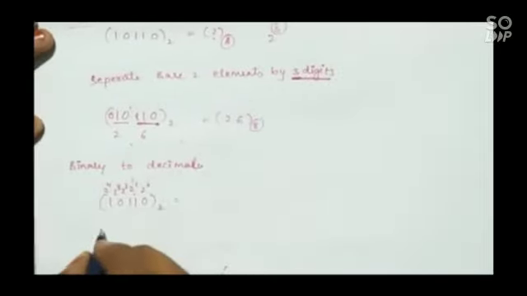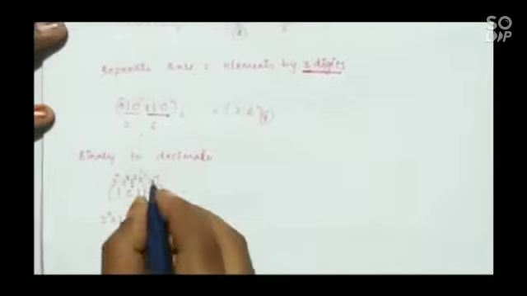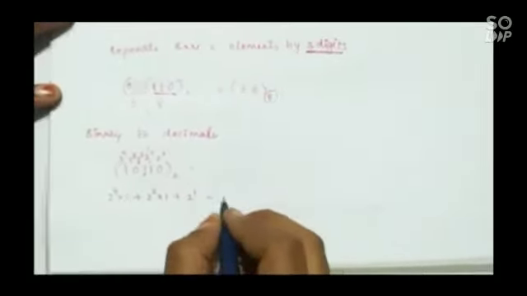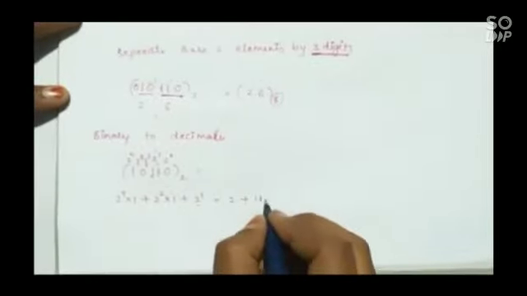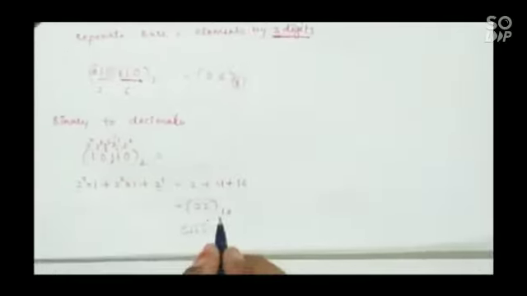So 2 power 4 into 1, plus 2 power 2 into 1, plus 2 power 1 into 1. 2 power 1 means 2, plus 4, plus 2 power 4, which is 16. That gives 22 base 10. Like this we convert into decimal. While converting into decimal we take powers.